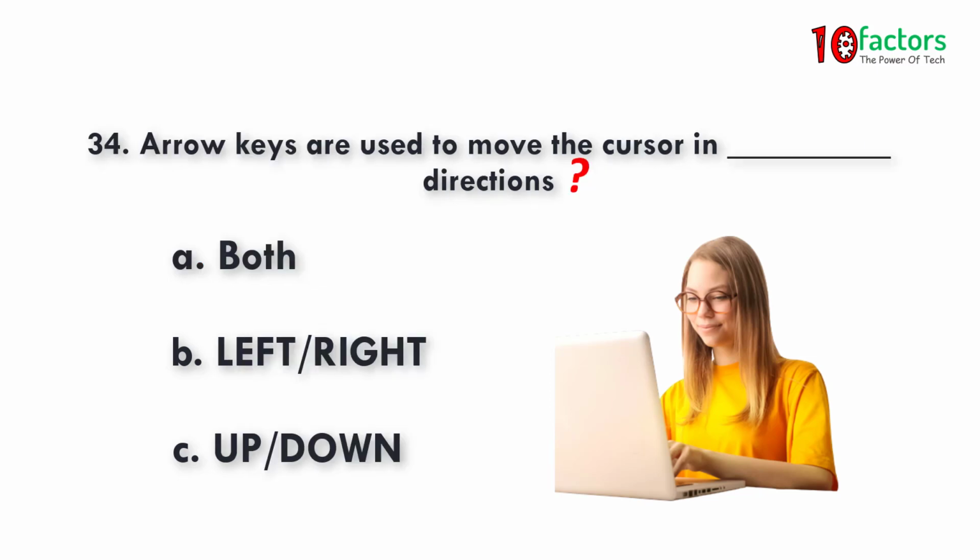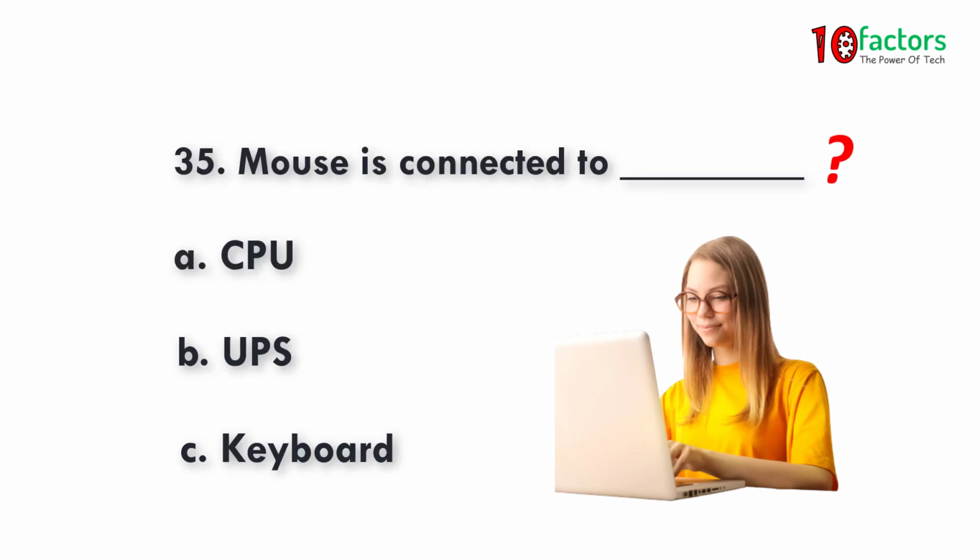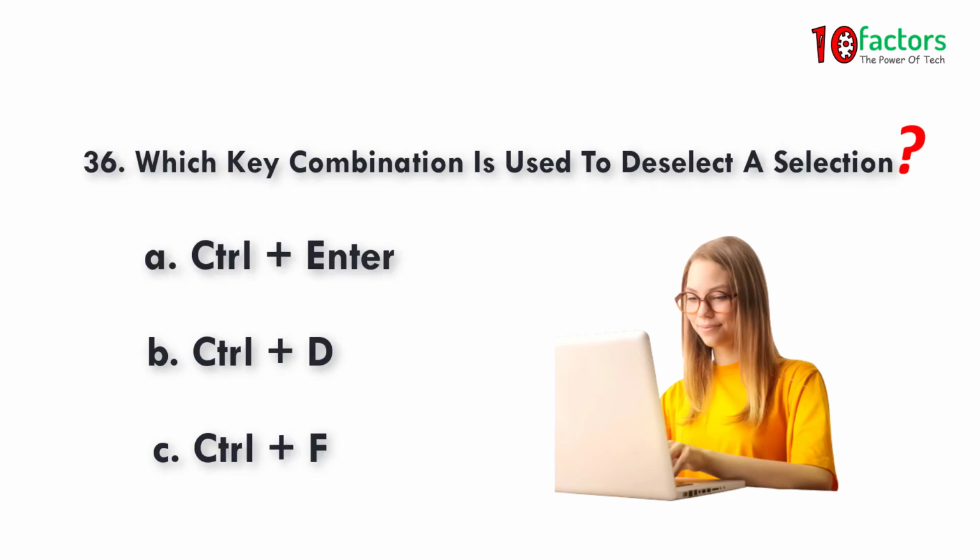Question 34. Arrow keys are used to move the cursor in directions. A. Both. B. Left/right. C. Up/down. Right answer, A. Both. Question 35. Mouse is connected to: A. CPU. B. UPS. C. Keyboard. Right answer, A. CPU.